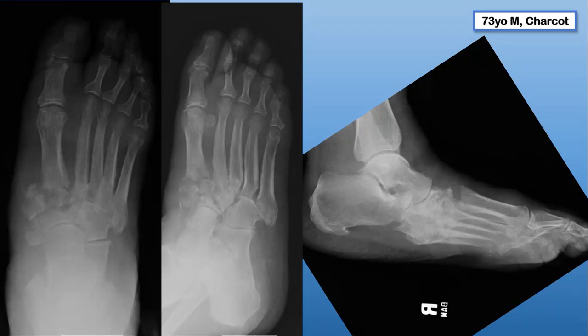Let's see here. Talus looks fine. I don't see too much soft tissue swelling or anything of that nature. I do see on the lateral view, looks like a break, should I say, at the base of the first metatarsal. So would you call that a fracture at that point?